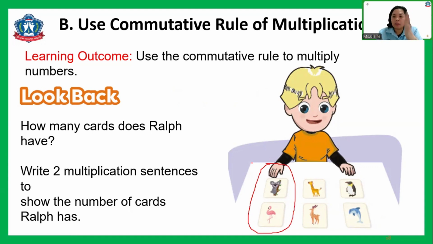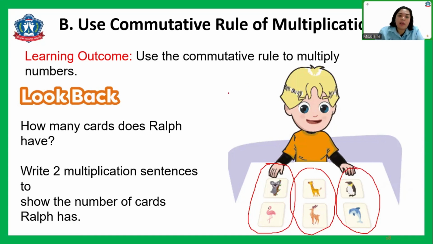In a vertical position. How many cards in one column? There are 2, so we have 1, 2, 3. So how many columns are there? There are 3 columns, so we can say 3 columns times 2 in one column, that is 6.